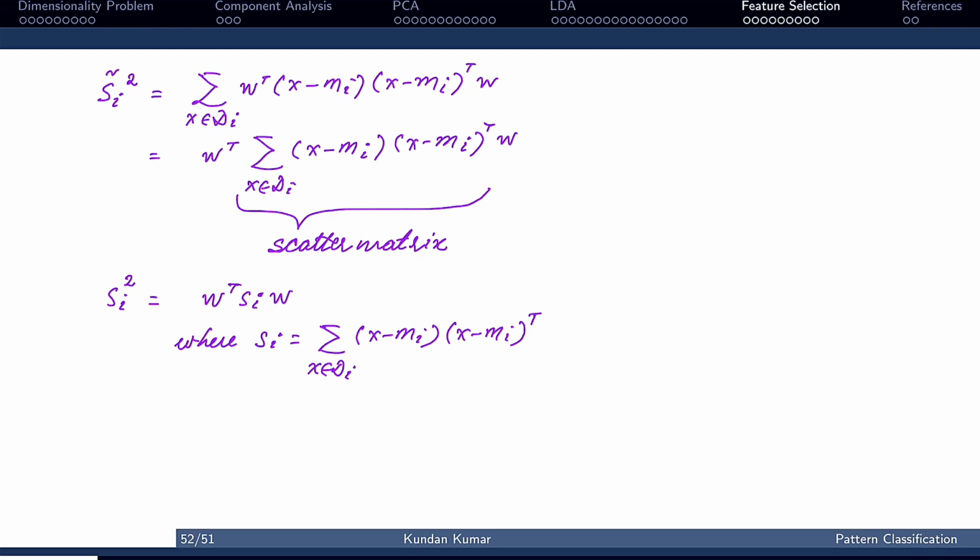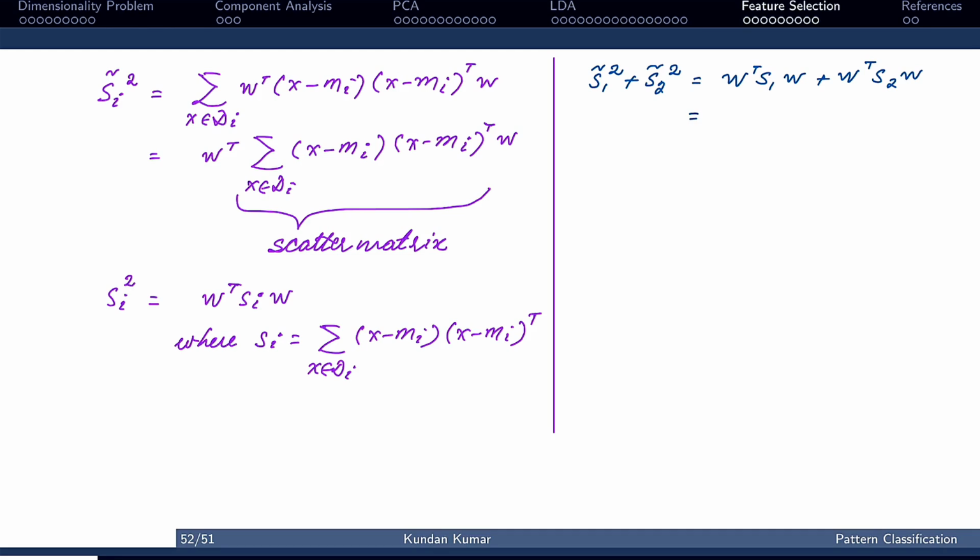So now we would like to compute S1 tilde square plus S2 tilde square, which is the denominator of the criteria function. So W transpose S1 W plus W transpose S2 W. So this is basically linear.